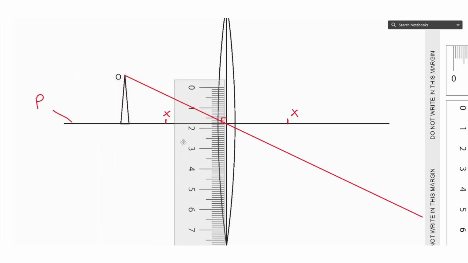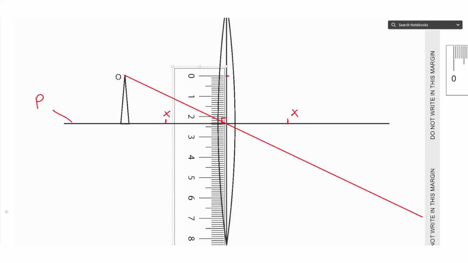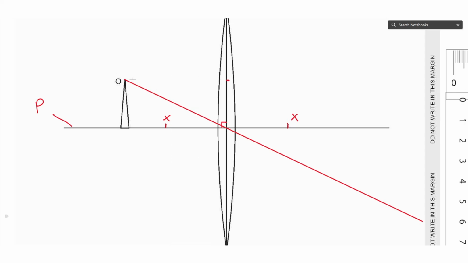So I'm going to measure the same here and mark the point. And then I'm joining the 2 points, the top of the object and the point I've marked at the center of the lens. From the center of the lens, we go towards the focal point and extend the line. So using a ruler, we extend the line passing through the focal point and extend it forward like this.